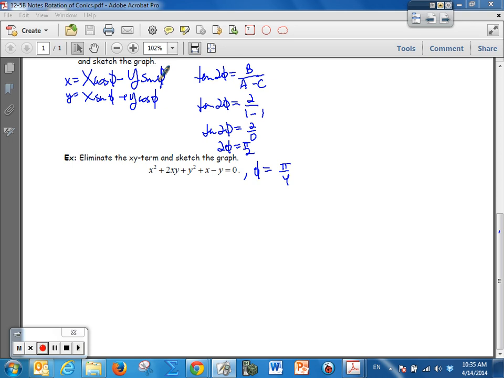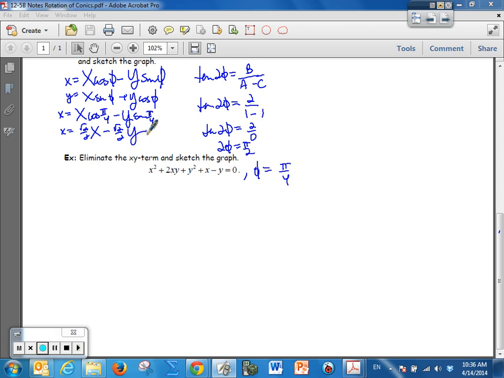All right, so let's find our representation for little x, little y. So little x is big X cosine pi over 4 minus big Y sine of pi over 4, where cosine pi over 4 is root 2 over 2. Looks very similar to the one that we just did, doesn't it?